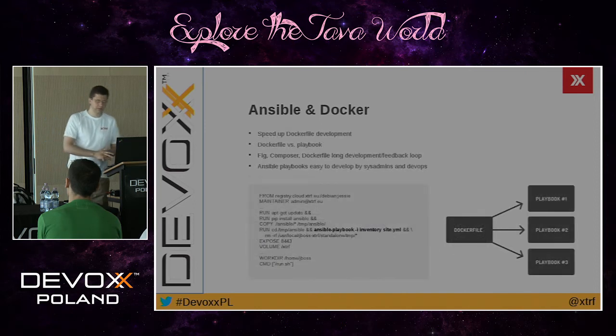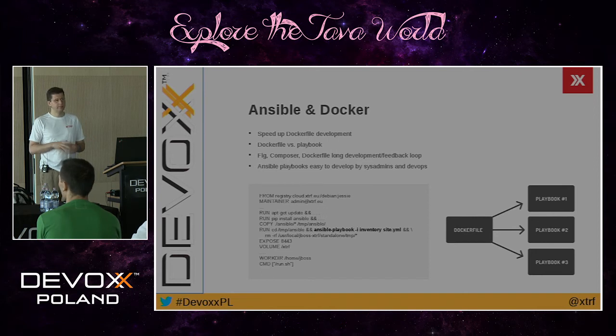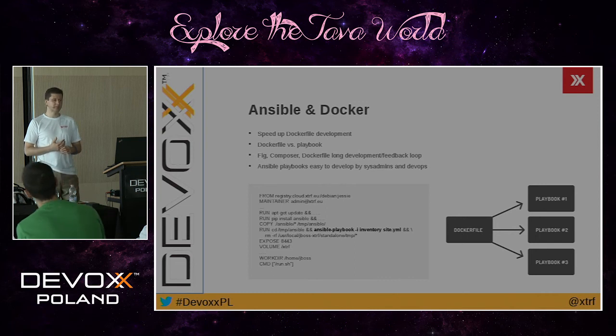So Ansible also gives you some features well known to the development world. You can decompose your script easily, right? In Docker, you may already know that there is only inheritance, right? You can reuse your Docker files, Docker images over inheritance. Whereas in Ansible, you can decompose your long scripts into smaller pieces, test them separately.